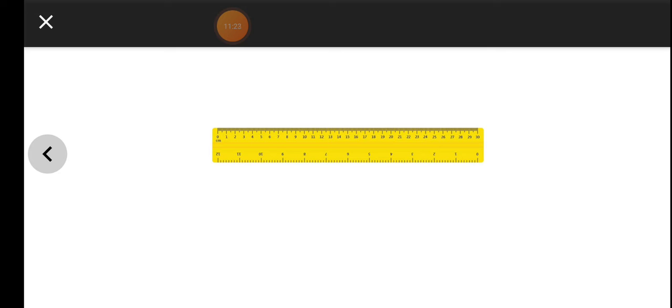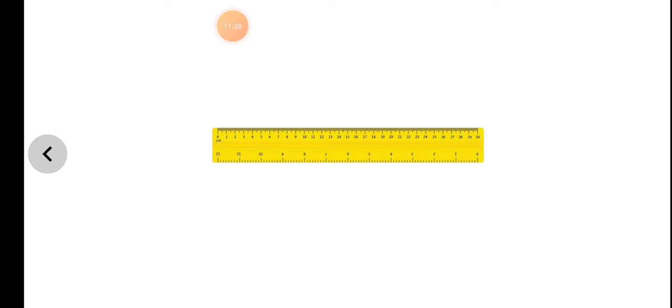So length tells us how long or short a thing is. We use tools like a ruler and measuring tape to measure the length. The standard units of length are centimeters and meters. So, how to measure anything? In step 1, place the thing to be measured and the ruler on a flat surface such as a tabletop. Anything you are measuring should be on a flat surface.